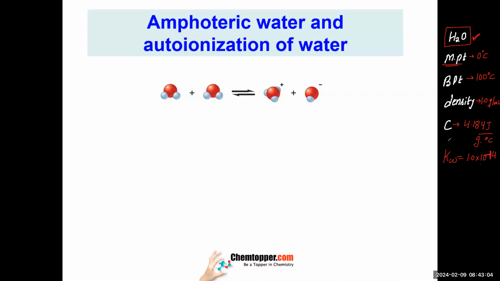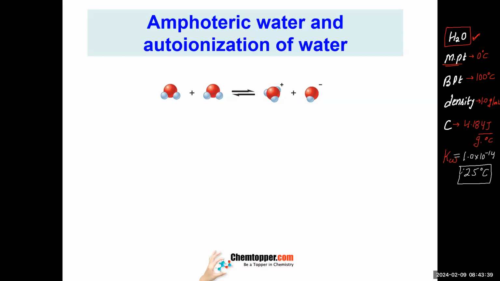Let me write it again more clearly. Kw means dissociation constant of water. Its value is 1.0 times 10 raised to power minus 14, and this value is at 25 degrees Celsius, under normal conditions of temperature. This is our new friend.